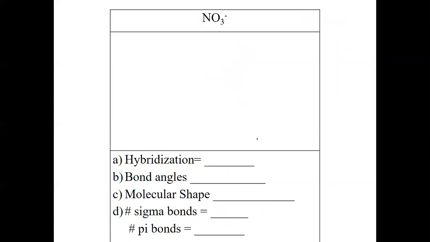Then with NO3, 1 minus, nitrogen goes in the center, with the 3 oxygen atoms bonded to it. Nitrogen has 5 valence electrons. We have 3 oxygen atoms that have 6 valence electrons each.